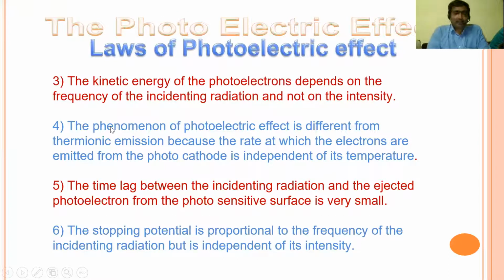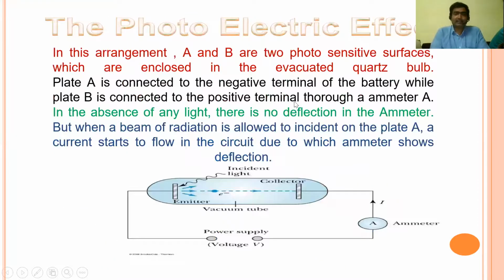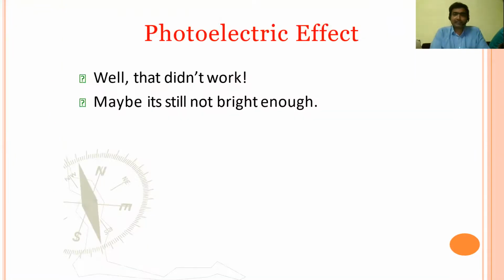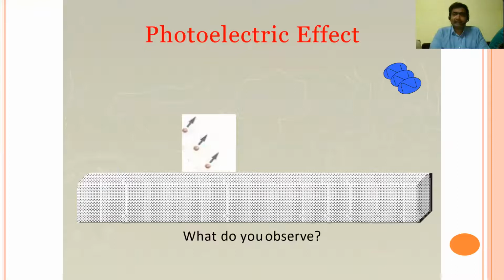The law number 3 is: the kinetic energy of the photoelectrons depends on the frequency of the incident radiation and not on the intensity. So what is your observation? Here, when the electrons got ejected, the ejected electrons travel with some velocity and the electron has some mass.